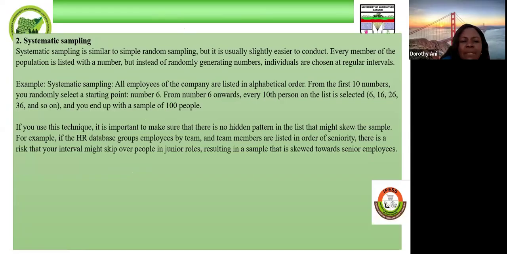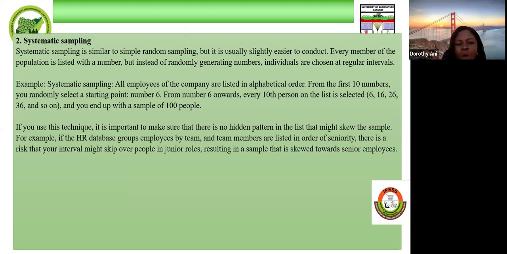Systematic sampling is similar to simple random sampling, but is usually slightly easier to conduct. Every member of the population is listed with a number. But instead of randomly generating numbers, individuals are chosen at regular intervals.